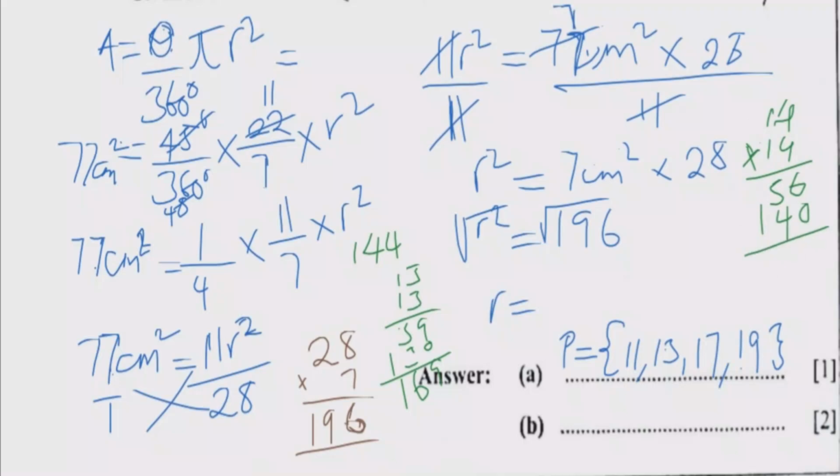Then when I add that, I'm going to have 6 plus 0, which will give me 6. 5 plus 4 will give me 9. 0 plus 1 will give me 1. So that is 196. Now, the square root of 196 is 14.